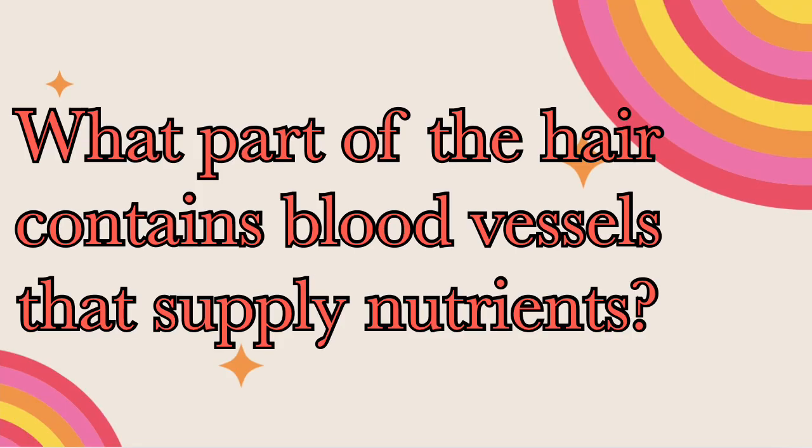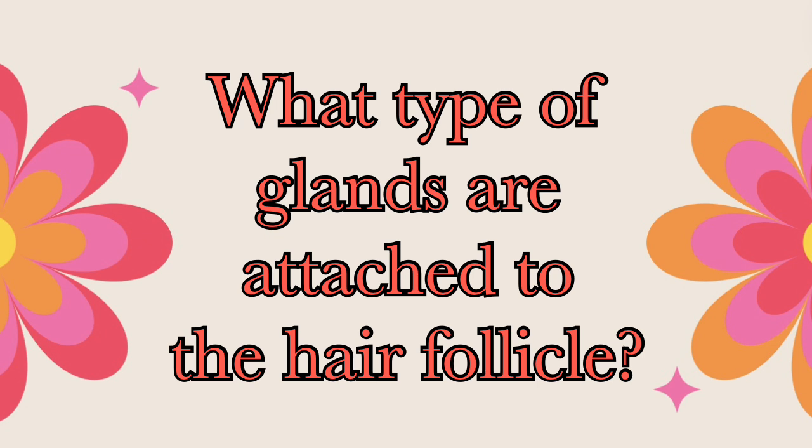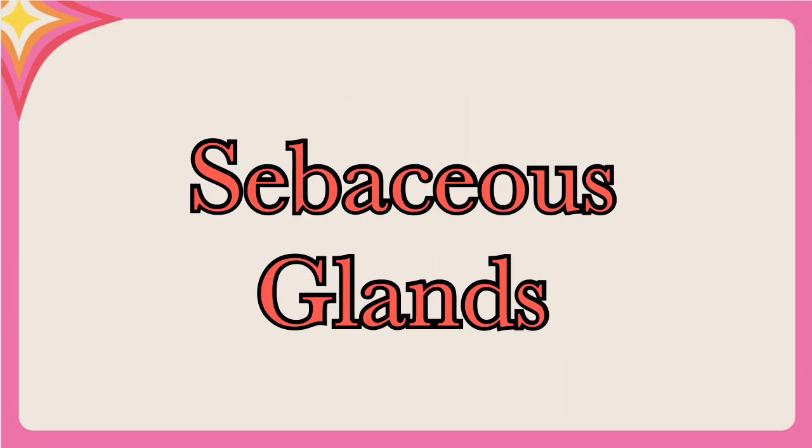The hair root. What part of the hair contains blood vessels that supply nutrients? The dermal papilla. What type of glands are attached to the hair follicle? Sebaceous glands.